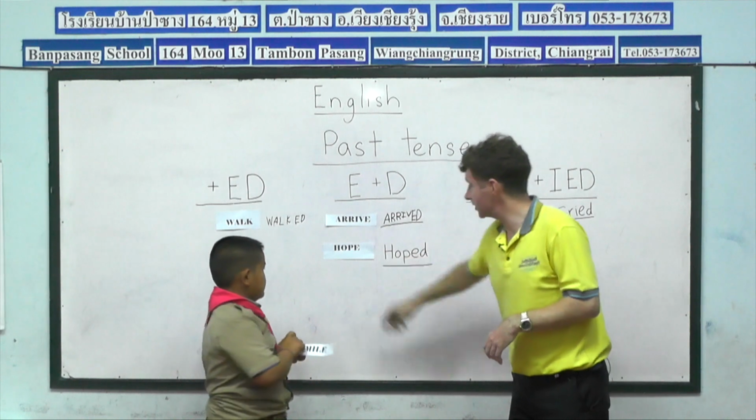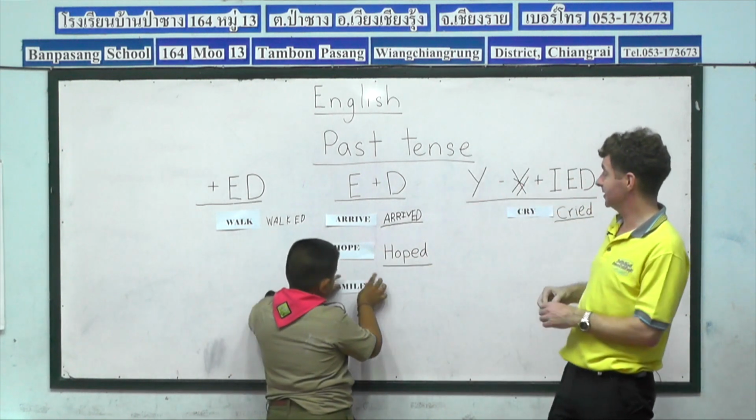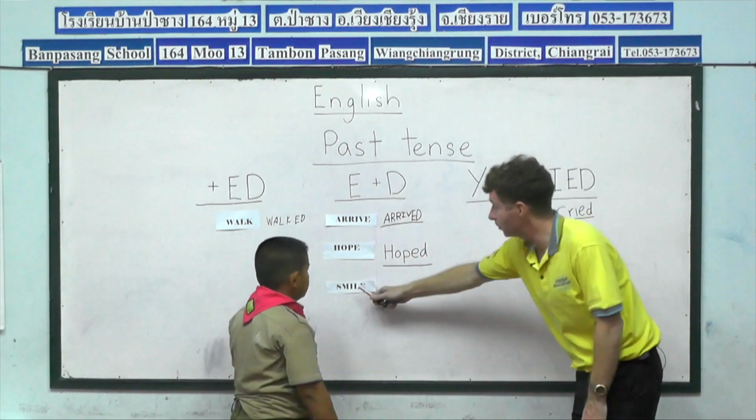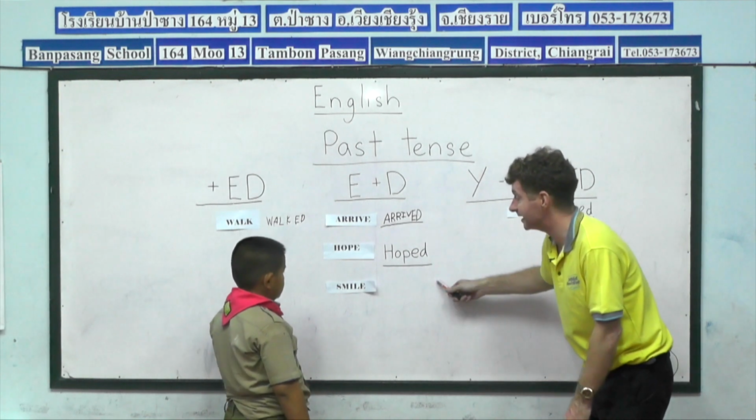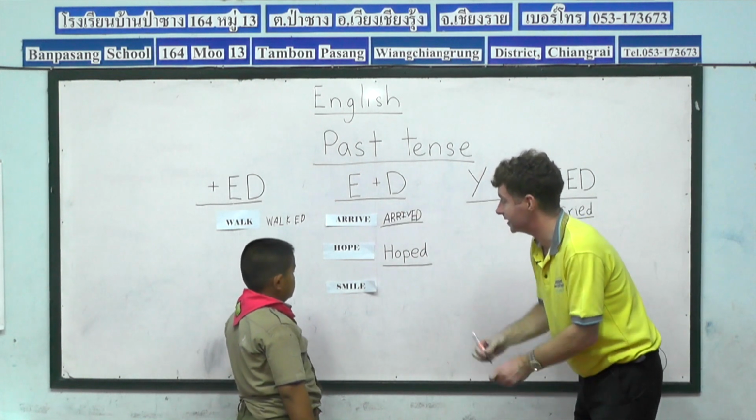So Net, can you place it here, please? And then, can you put smile into the past tense form by adding D?